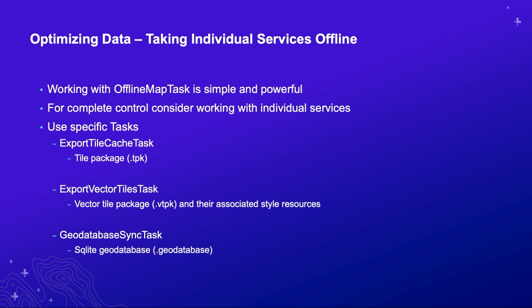And you can control exactly what gets taken offline. If the offline map task with its overrides doesn't give you all the functionality you need, you can always dip down to the individual tasks which take the components of that web map offline.